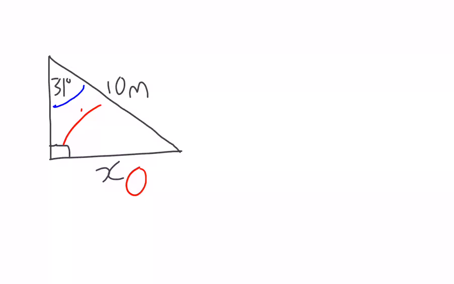We label that. Now our other side is the adjacent. There's nothing on that side. There's no letter, there's no value. So while you can label that side, the fact that we've only got something on the hypotenuse and the opposite is what helps us to do the next step.